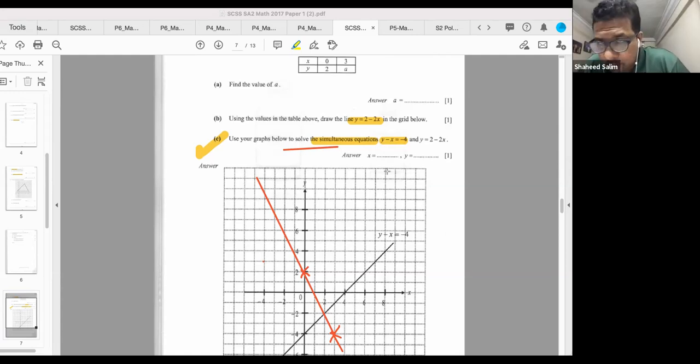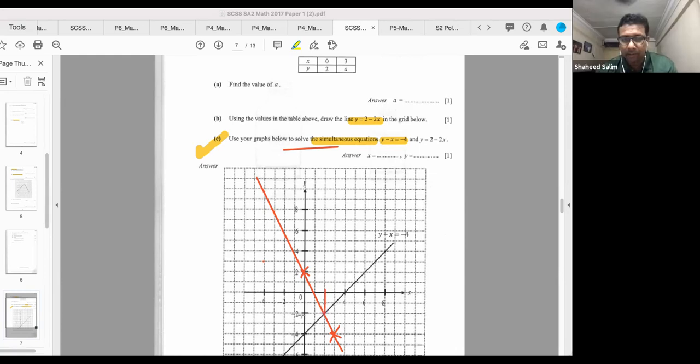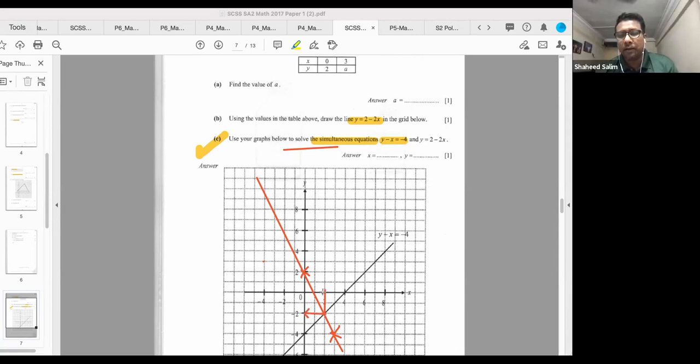Is it where the line hits? Yeah, where the line hits here, down here and down here. So what's the value of X? What's the value of Y? 2 and minus 2. Yes, well done.